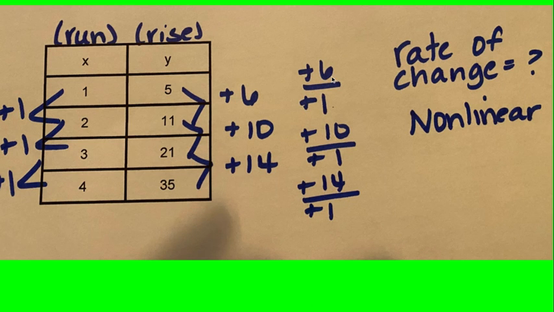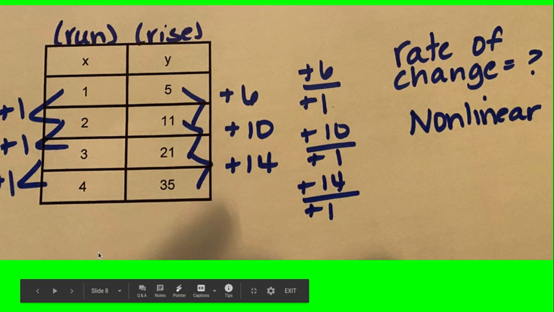These are not the same. 6 over 1 simplifies to 6. 10 over 1 simplifies to 10. 14 over 1 simplifies to 14. Because this rate of change is not constant, or it's not increasing the same amount the whole way through, rising and running the same amount, we can't determine a rate of change because it varies throughout the function. We will call it nonlinear.